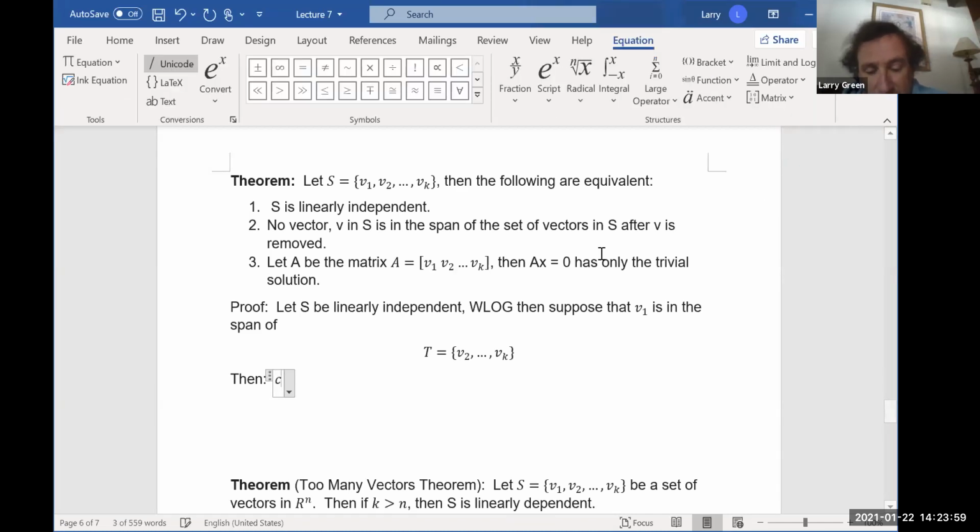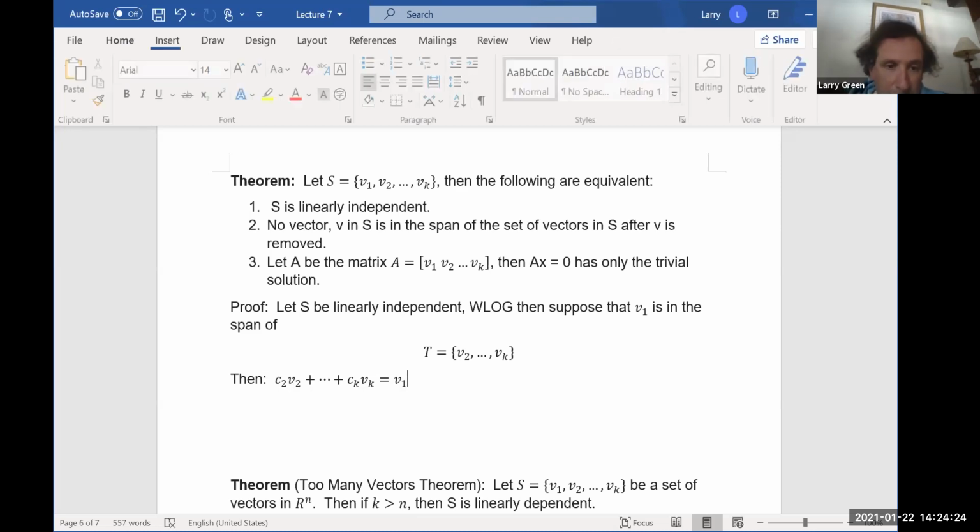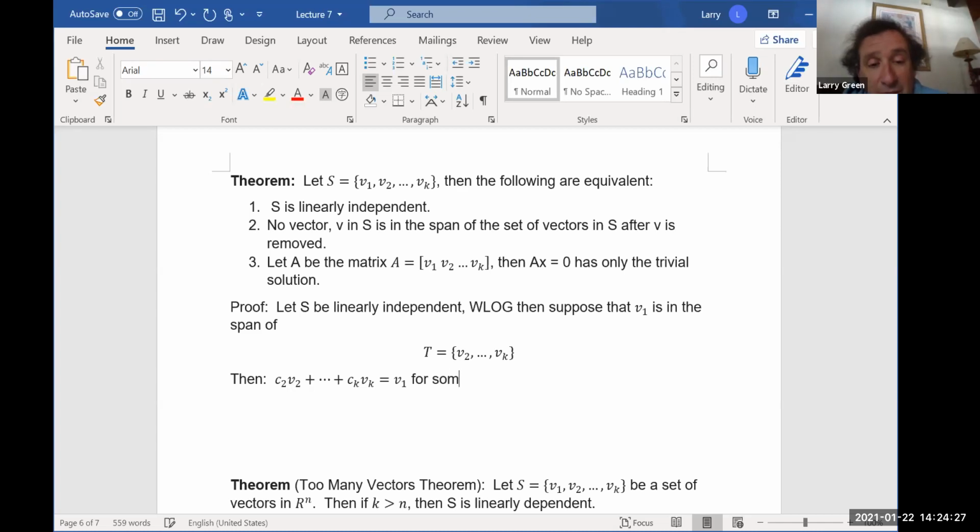Then C2 V2 plus ... plus CK VK is going to be equal to V1, for some constants C2 through CK.